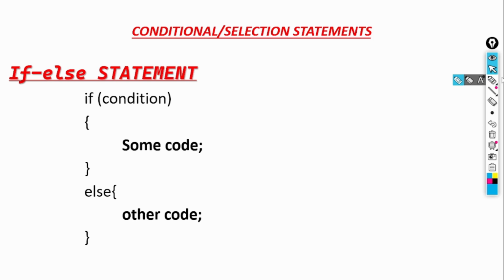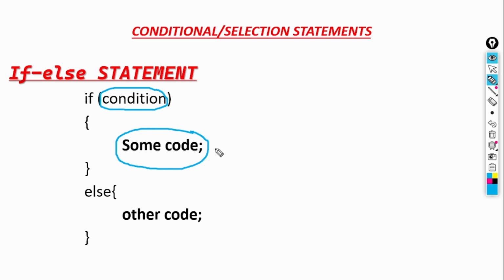Now what actually the if-else statement is, if we directly talk about its syntax, it looks like this. I say here that if the condition that I am imposing on this logic is true, then simply execute the block of the if statement.